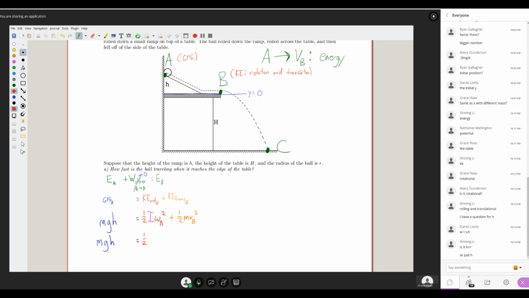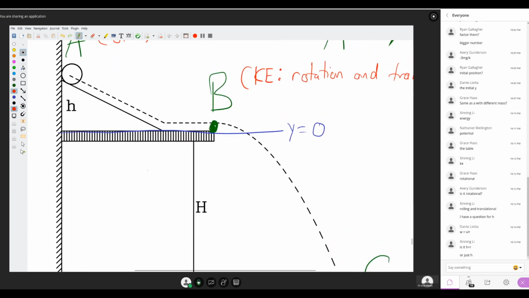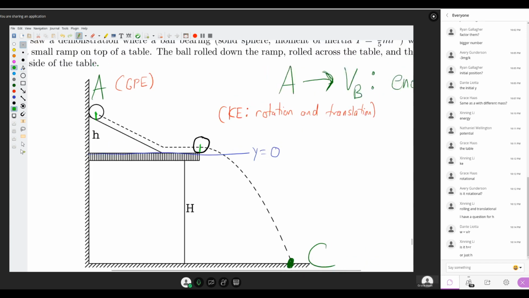If you want to think about the nuances of this, we didn't expect you to go this in depth, but it turns out it is just H. The ball is going to be a little bit above the ramp at the beginning, and at the edge of the table it's a little bit above the table. So that extra height equal to the radius of the ball cancels between the top and the bottom.